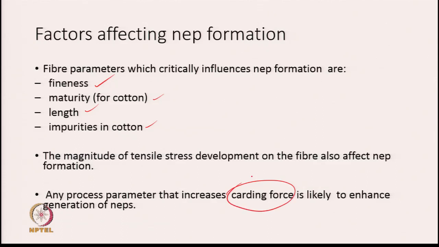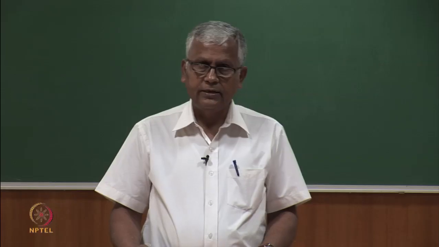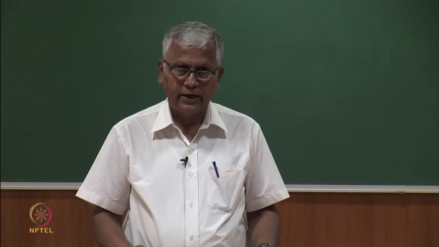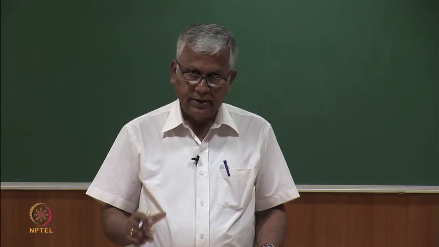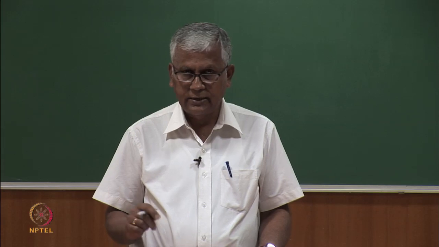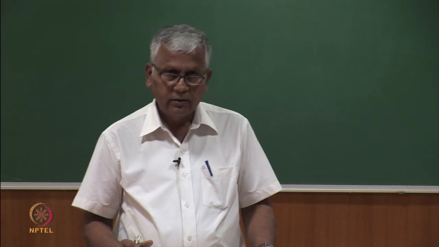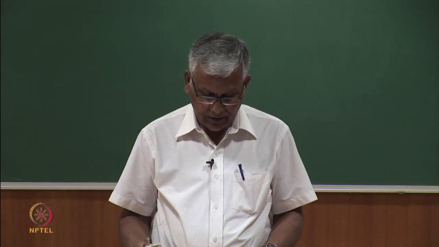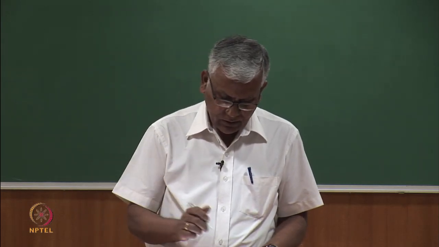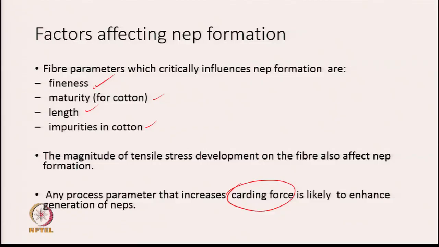With the fibers, maturity plays a very important role and fineness also plays a very important role. If the fibers are finer or immature in the case of cotton, then they can easily form NEPs, because the bending rigidity is also very low, they can easily get bent and take the configuration of the NEPs easily, and therefore, fineness and maturity both come into the picture.